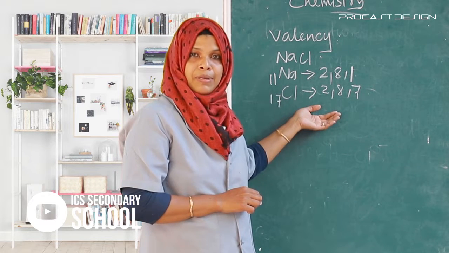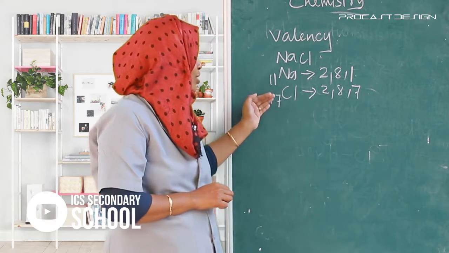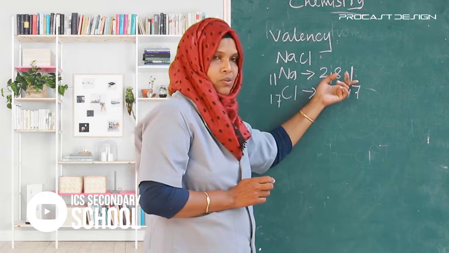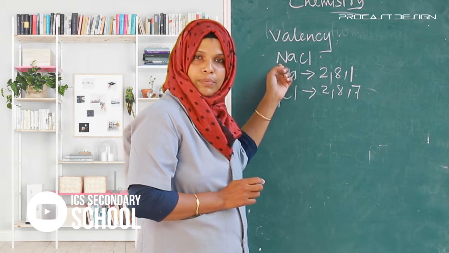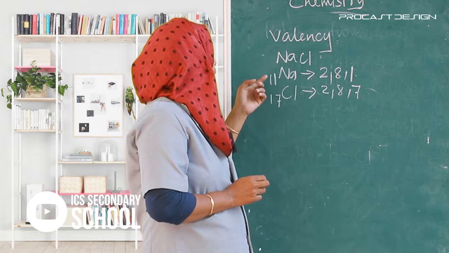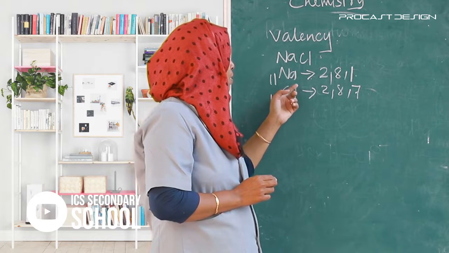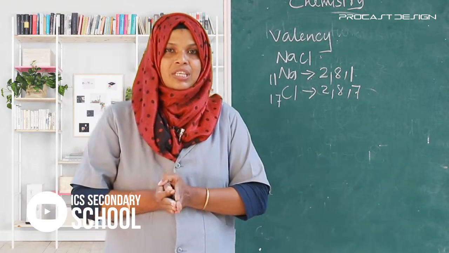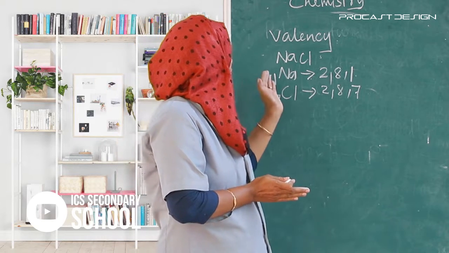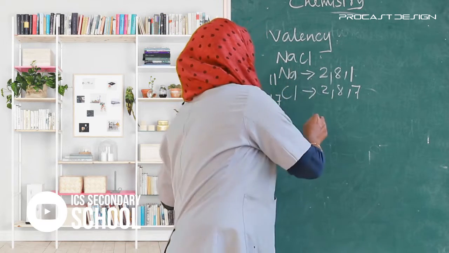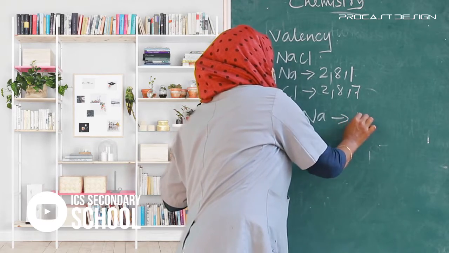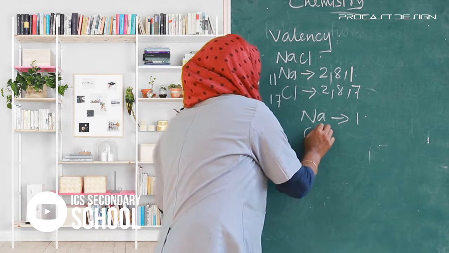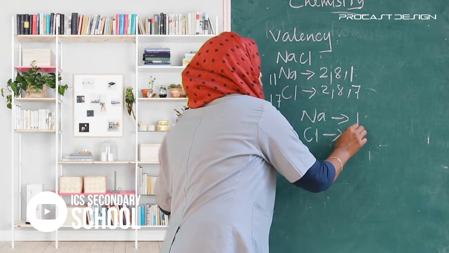Atoms combine to form compounds and undergo chemical reactions for attaining stability. Sodium donates one electron to chlorine and attains stability, or gets an octet, and chlorine accepts this one electron and also gets stability. So the valency of sodium is 1 and the valency of chlorine is also 1.